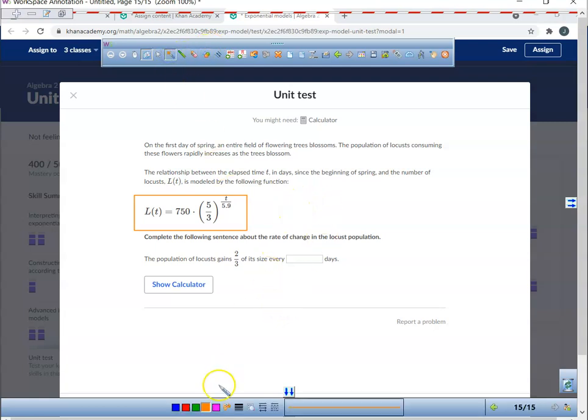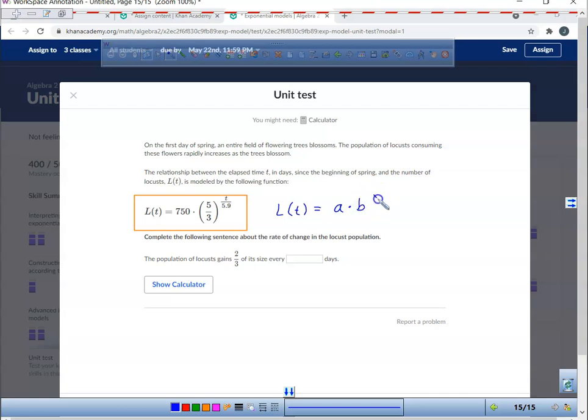Right here, I'm going to rewrite it as L of t equals a times b to the power of x. Now, in an exponential model, you have this thing called your a value, and you have this thing called your b value.